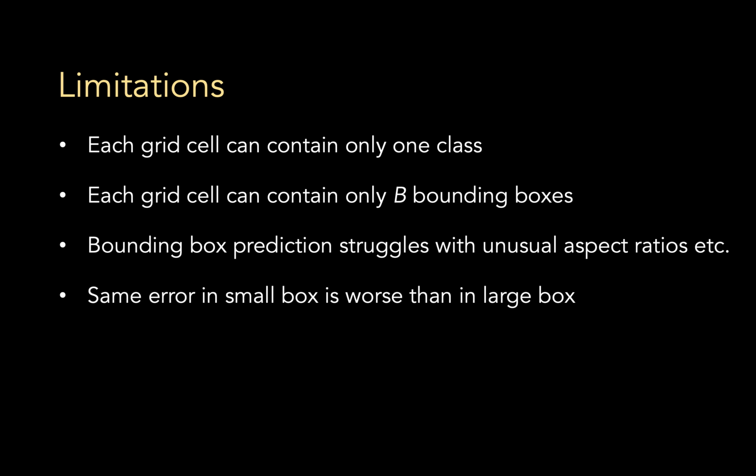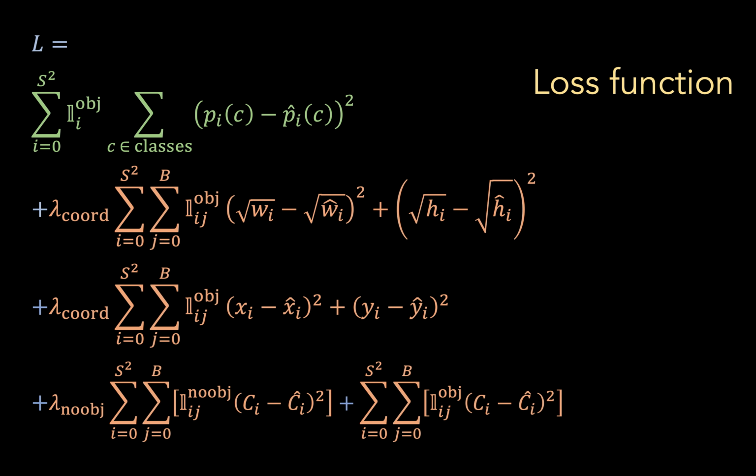There is no explicit error scaling according to the size of the bounding boxes. But one method the authors developed to tackle this is to use the square root of the width and the height rather than just the width and the height. And this means that as the box size scales linearly, the square root of w and h scale sublinearly, which in effect suppresses differences between large and small boxes.